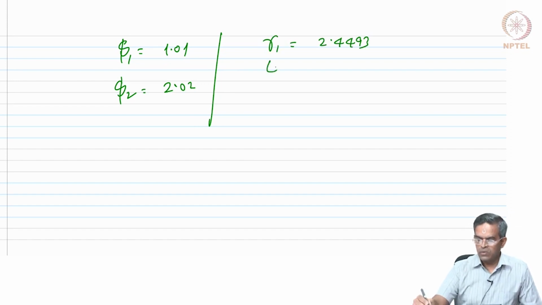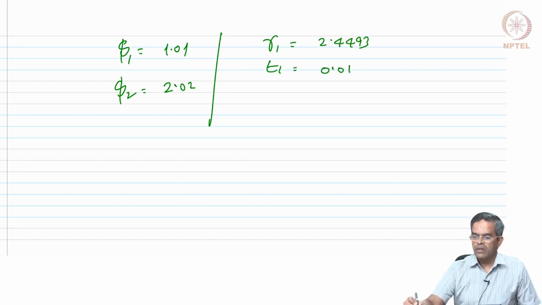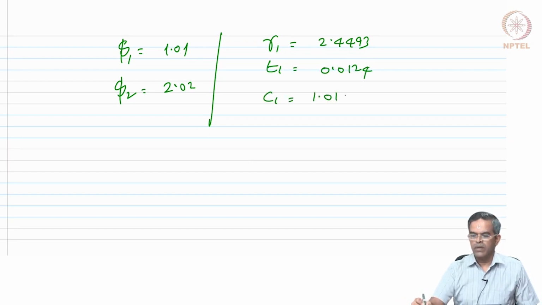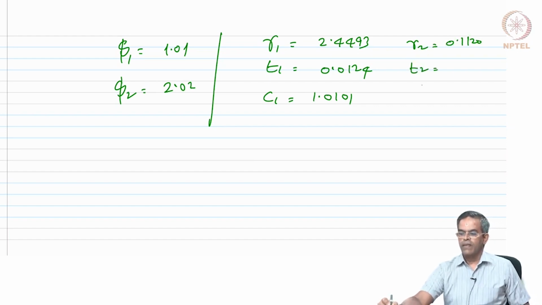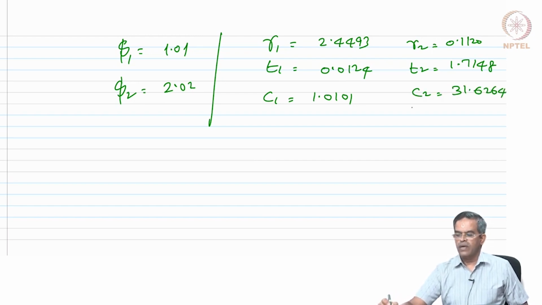For these values, we got R1 as 2.4493, T1 as 0.0124 and C1 as 1.0101 and R2 as 0.1120, T2 as 1.7148 and C2 as 31.6264.